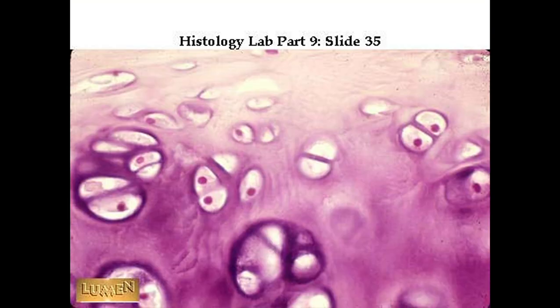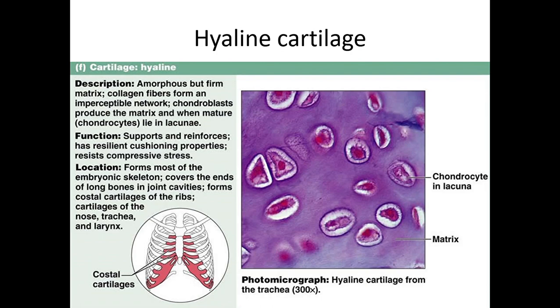The same, we have a hyaline cartilage with a homogeneous ICS with the different isogenous groups with the territorial and interterritorial areas. And again, an illustration of hyaline cartilage taken from the costal cartilage.